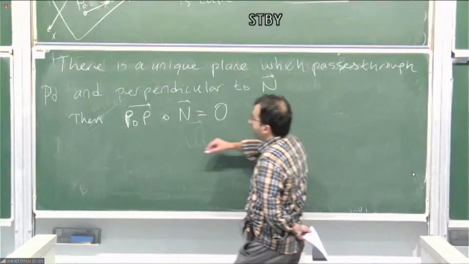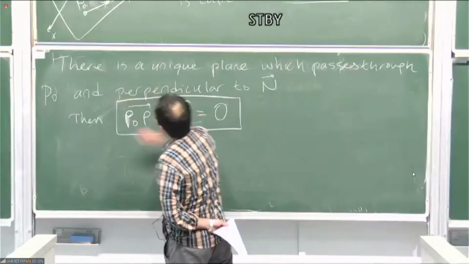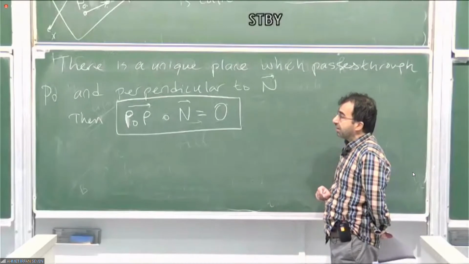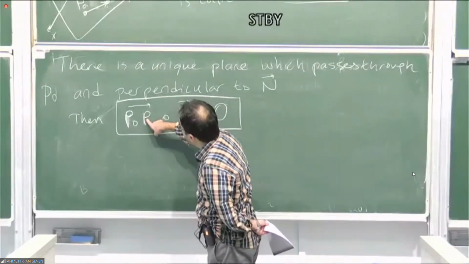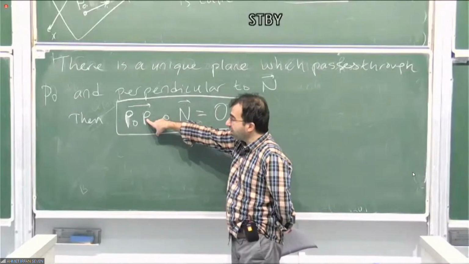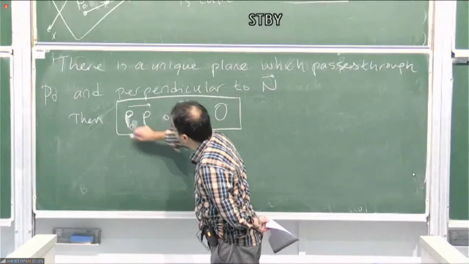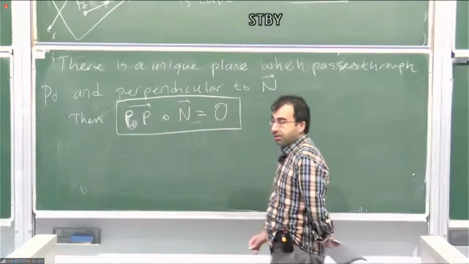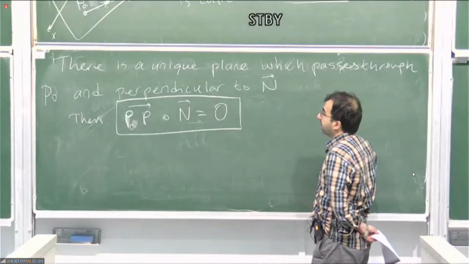So you see, we already have an equation now. This is an equation, right? Which describes this unknown point, this general point P. I know P0, and I know n, so I should be able to write this as an equation for the plane.